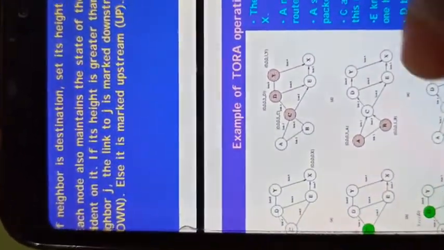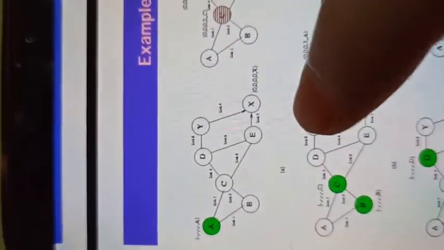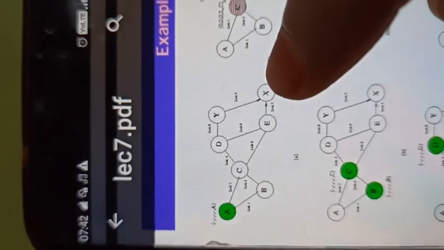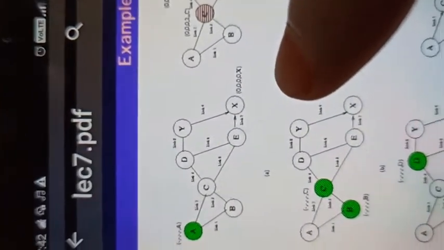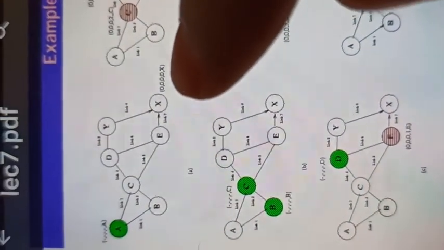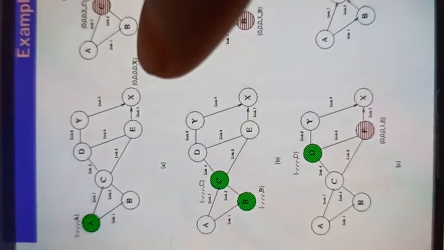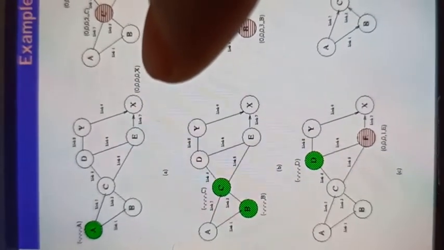So here is an example of TORA. Here we said the destination is X. In the destination node, we set the quintuple parameters of the destination node in this way.